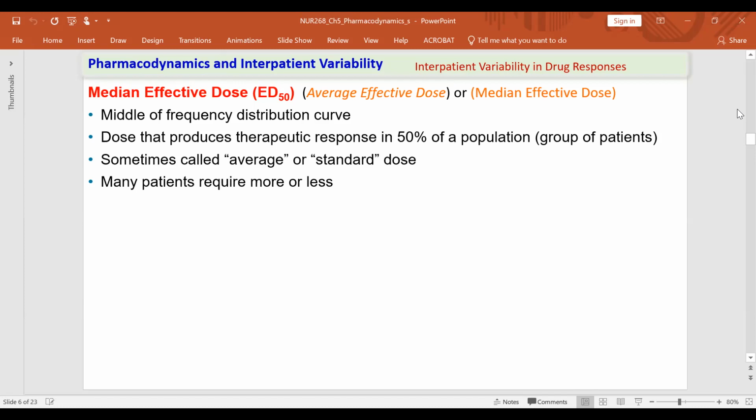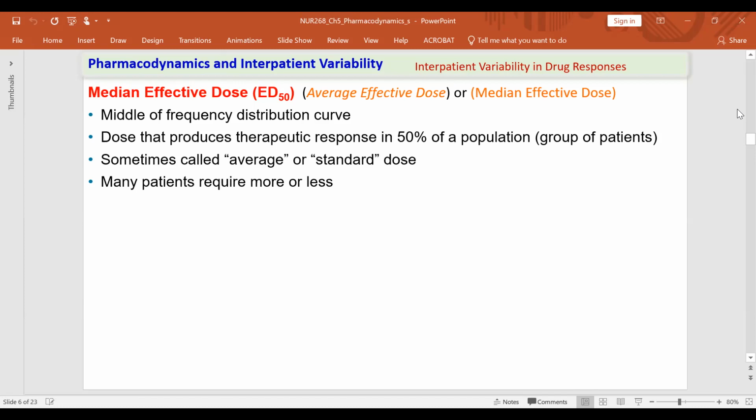So what are the clinical implications of intra-patient variability? So the initial dose of the drug is necessary, and it's an approximation of the expected or predicted effect.